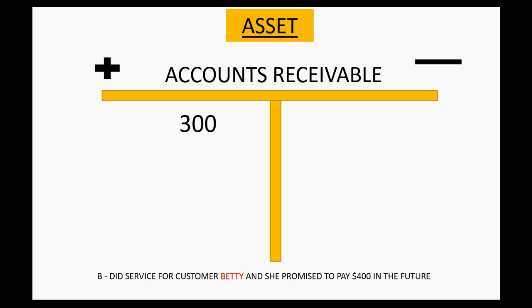Now, what about this? We did a service for a different customer. Even though we did a service for a different customer, it should still be debit for accounts receivable because that customer promised to pay in the future. So the total money that we will receive from all customers in the future will be more as a result of transaction B. So transaction B is debit.